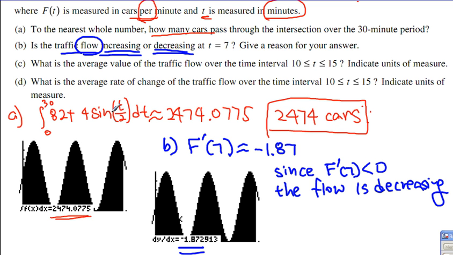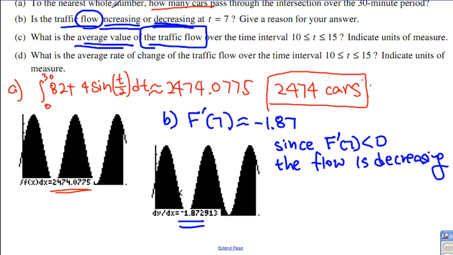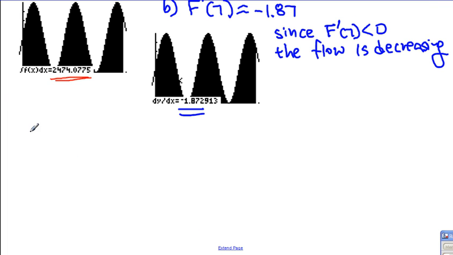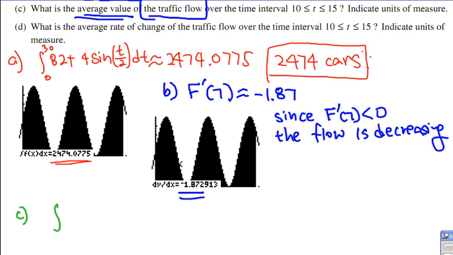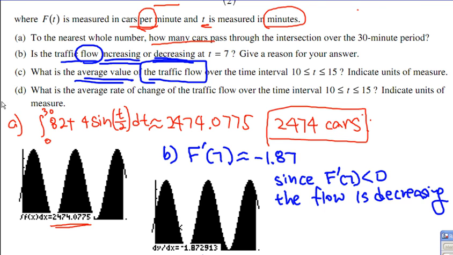That's number B. Number C, what is the average value? Now, when we're talking about average value, we're talking about integral usually. Average value of the traffic flow means we need to get the integral of this function. So we'd like to get the traffic flow average value from 10 through 15.